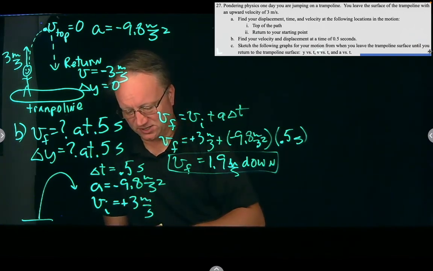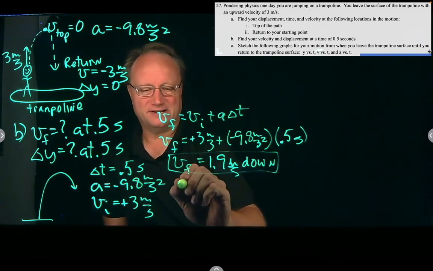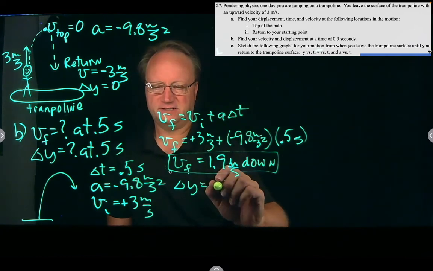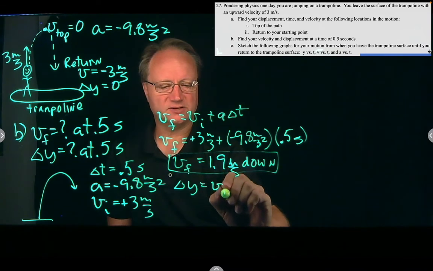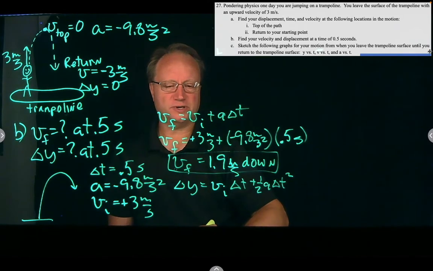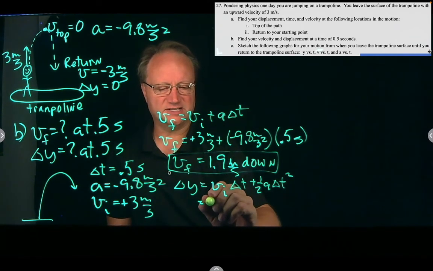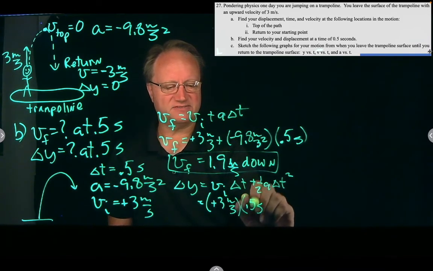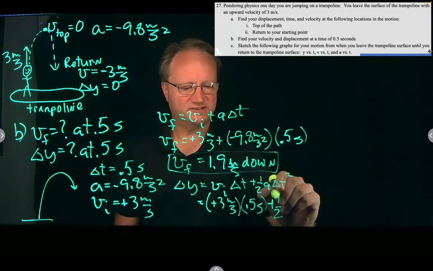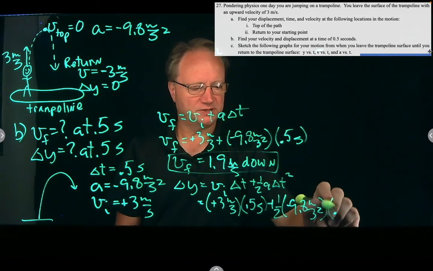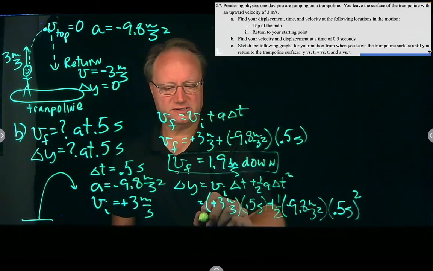Okay, on our delta y value, we can use another motion equation. Let's see, given what we have, I can go delta y equals VI delta t plus 1/2 A delta t squared. And so that's going to give us positive 3 meters per second multiplied by 0.5 seconds plus 1/2 times your negative 9.8 meters per second squared multiplied by 0.5 seconds squared.